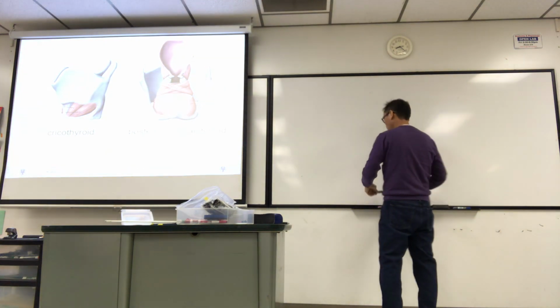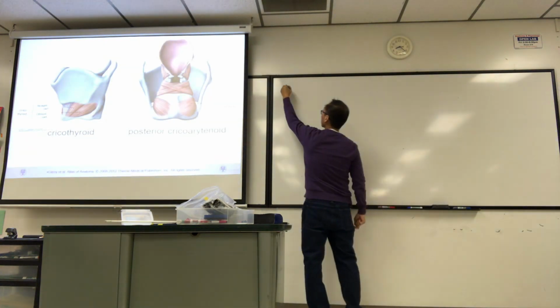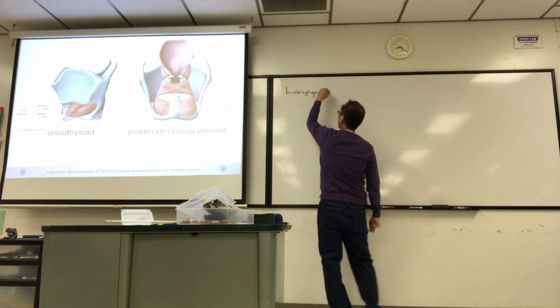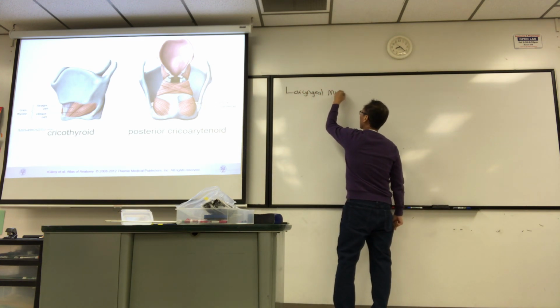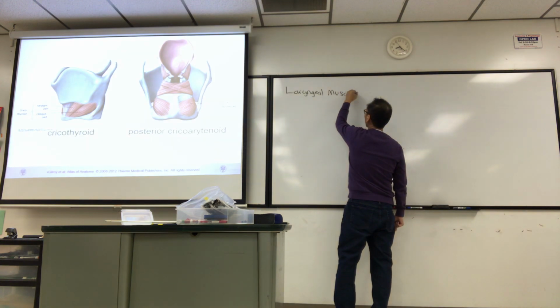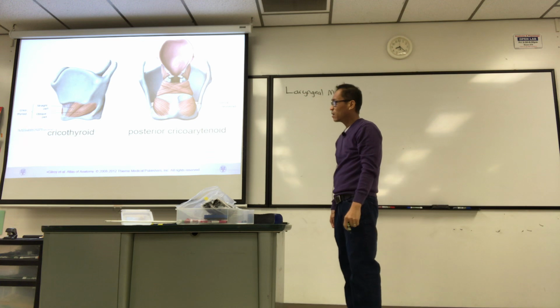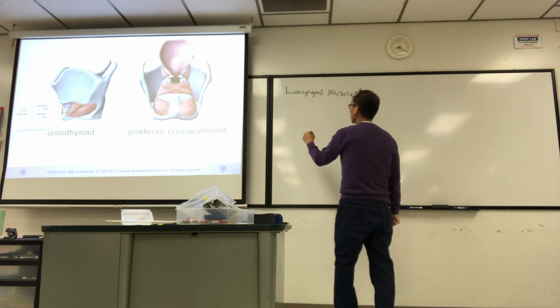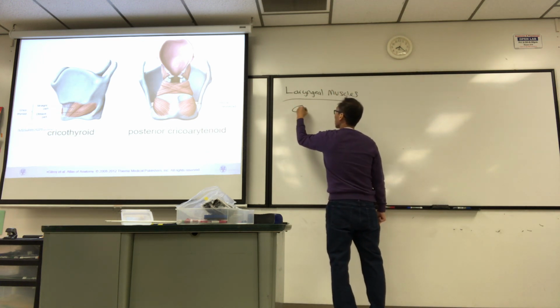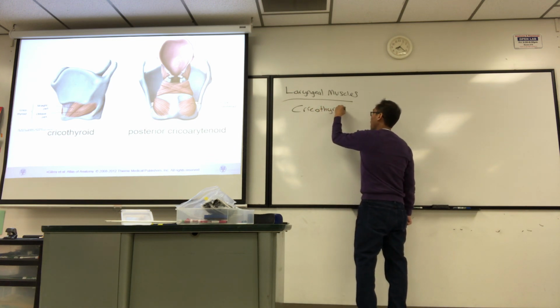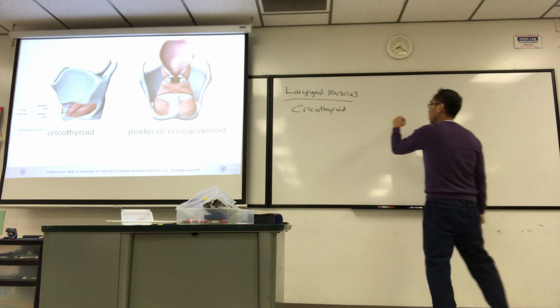One on the front, one on the back. Well, one kind of in the front on the side, that's two heads. That's the cricothyroid muscle. The one on the back is called posterior cricoarytenoid.